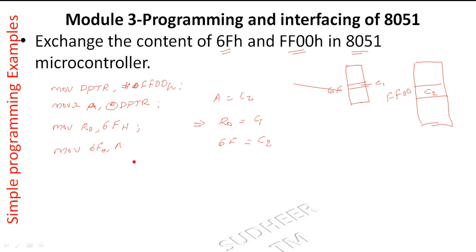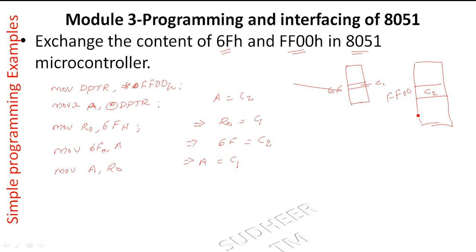Now we need to take R0, which was C1, the old content of 6F, to the external location F000H. Movement from R0 to external memory is not possible directly, so we bring R0 to the accumulator using MOV A, R0. The accumulator is now C1.